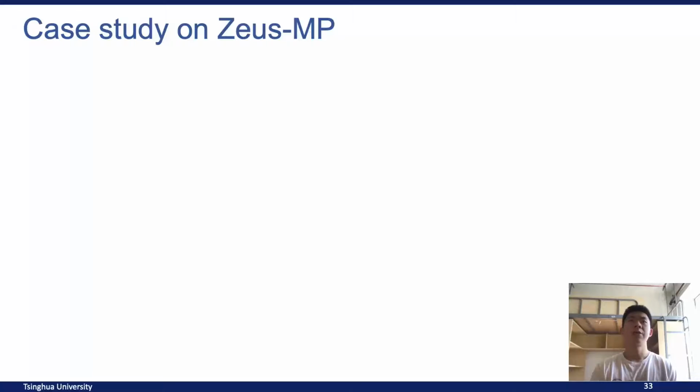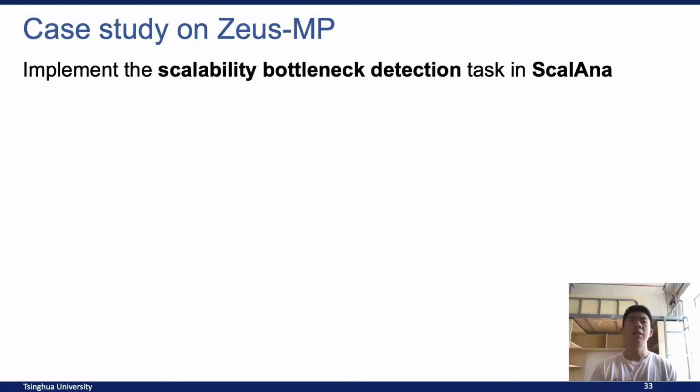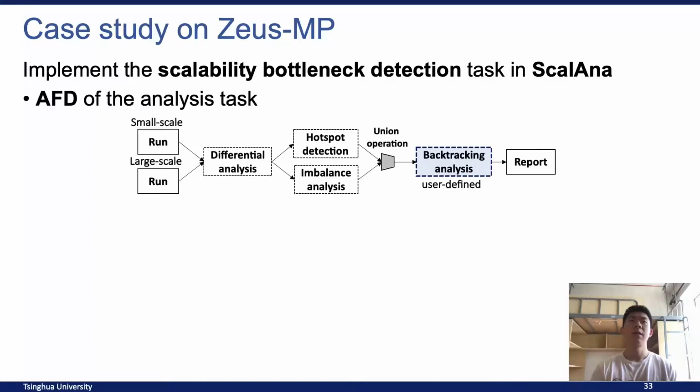Here we take ZEUS-MP as an example to show how PerFlow works. We implement the scalability bottleneck detection task in Scalana. This is the AFD of the analysis task. Only the backtracking analysis pass is user-defined.